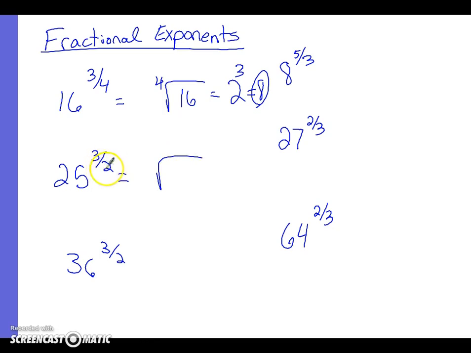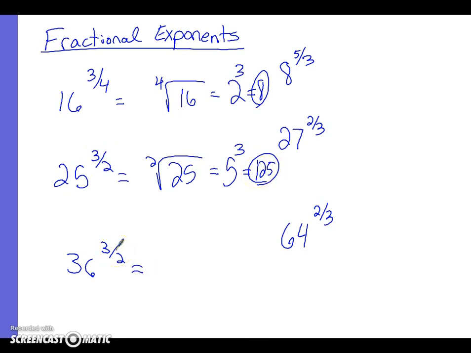The denominator of the exponent is the root, so this is the square root of 25. We know that is 5. Then you take the top exponent and cube it. So 5 cubed is 125. So 25 to the 3/2 power is the same as 125.